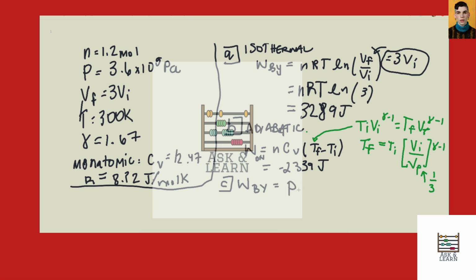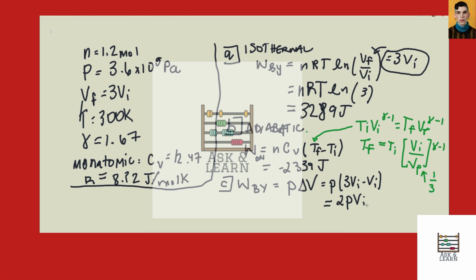The work done by the gas is P delta V. Since V final is 3 times V initial, it's P times 3 V initial minus V initial, which is just 2P V initial after some algebra.